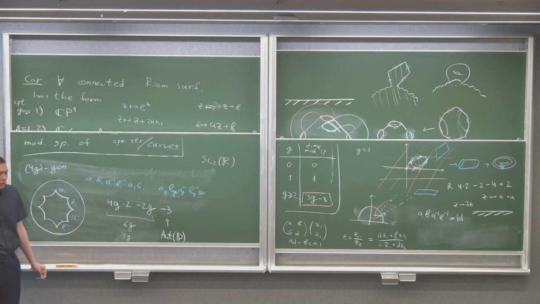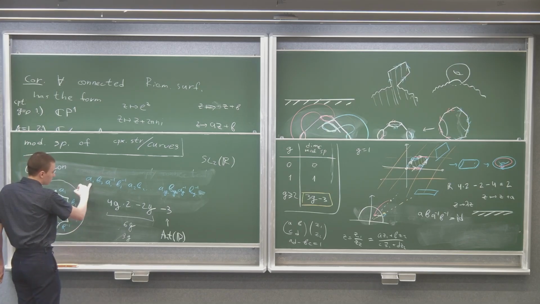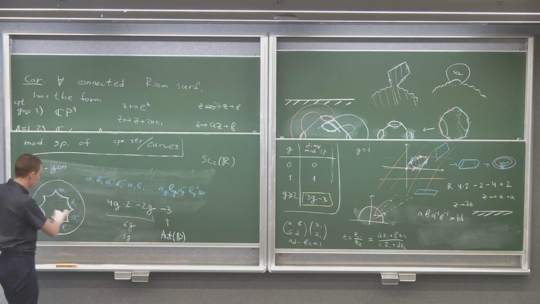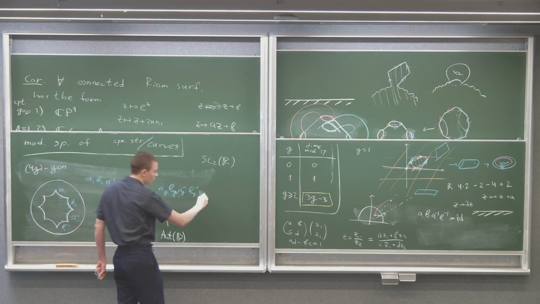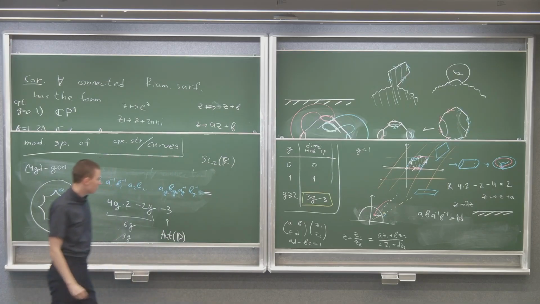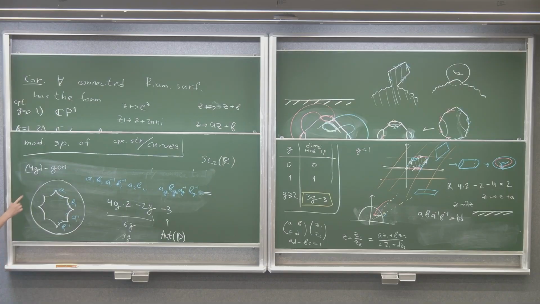It is not necessarily identity. So if I denote, by some abuse of notation, these transformations by the same letters as the sides, I'll write this thing as the composition of multiplicative commutators of all of these transformations.